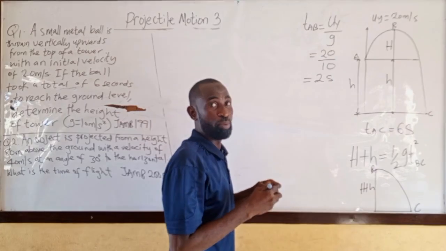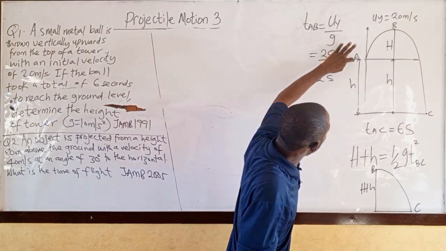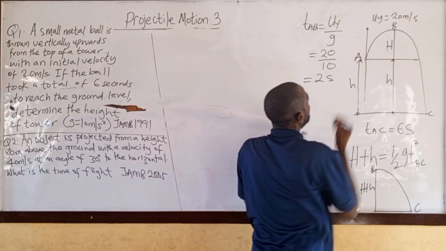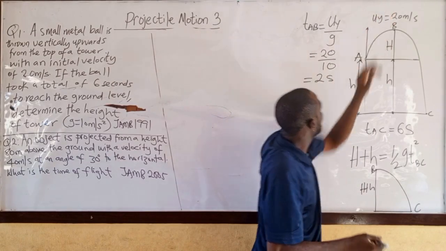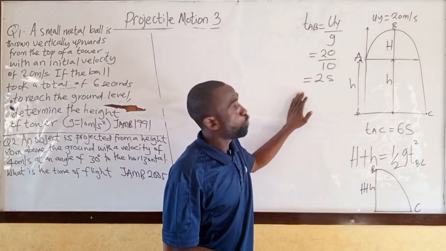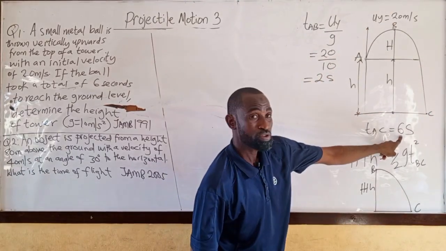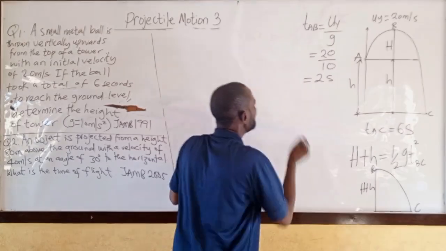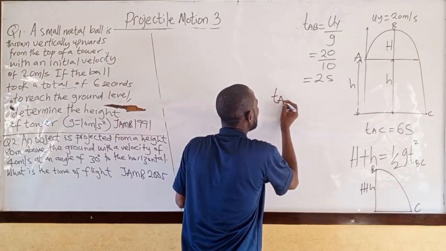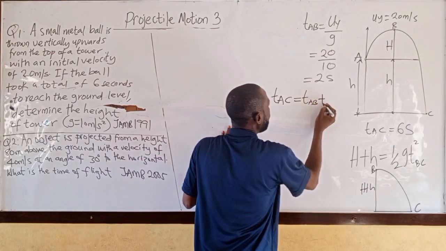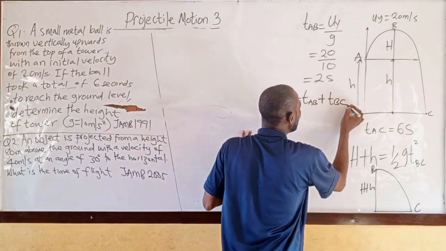So the time spent by the body from point A to point B is 2 seconds. So what is point B to point C? That would be 6 seconds minus, because time AC equals time AB plus time BC.